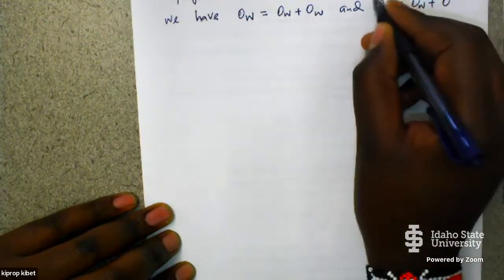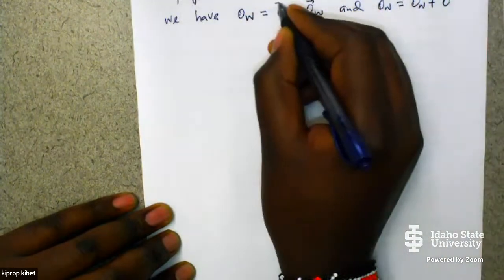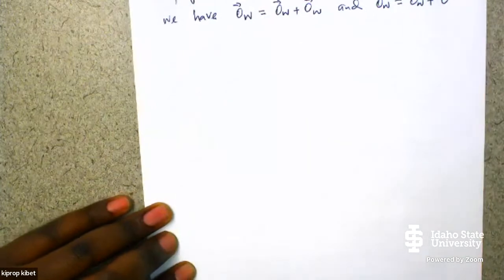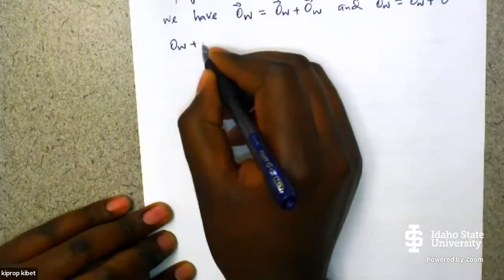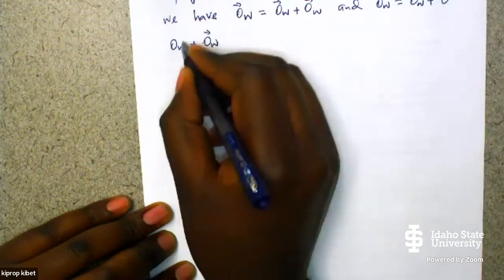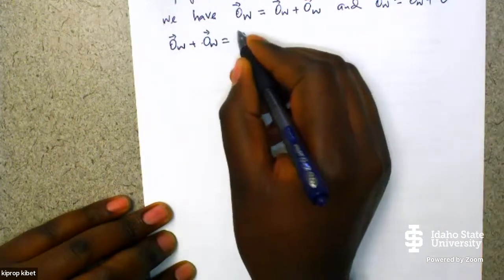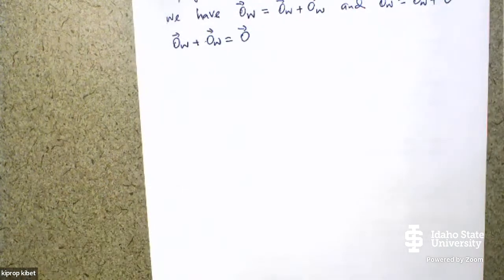And all these are vectors. Therefore 0w plus 0w is equal to the 0 vector.